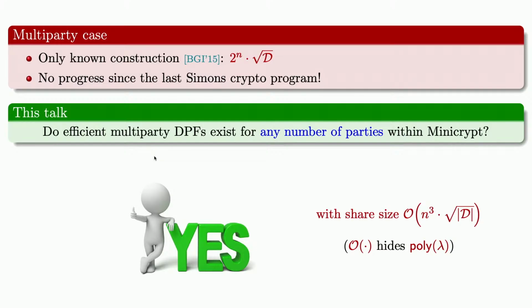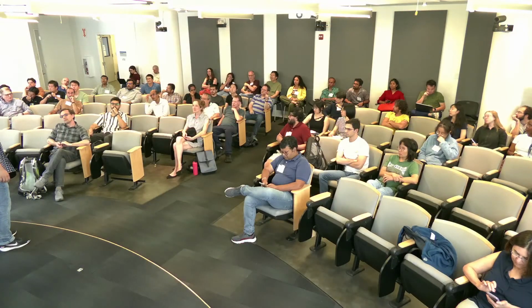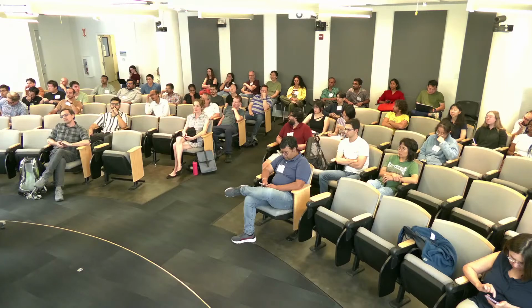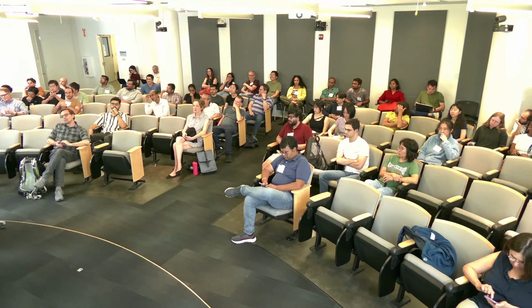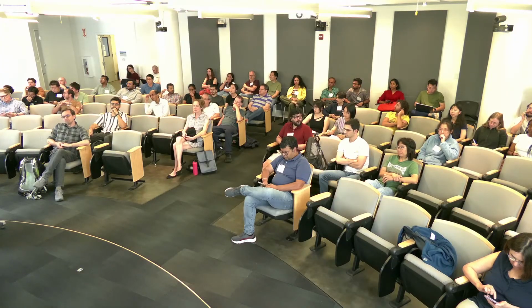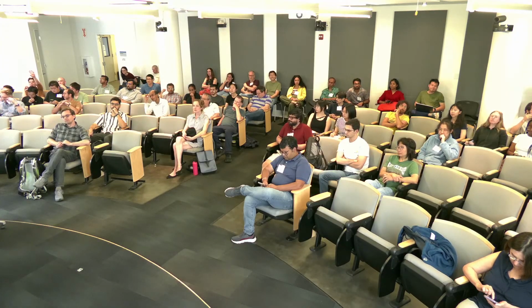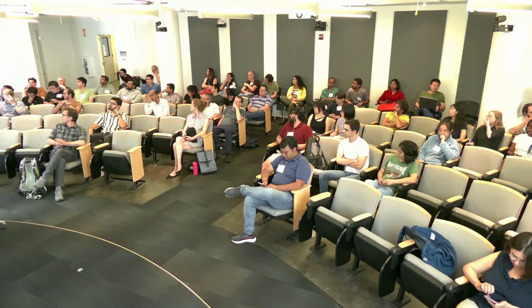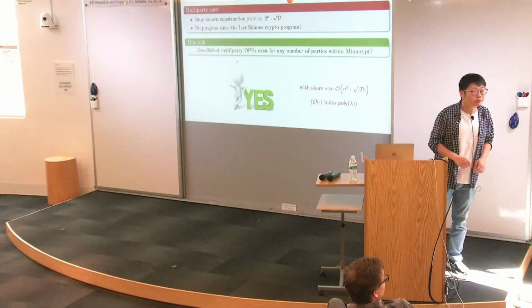Is it possible to compute the concrete break-even point, where it becomes better than the existing construction? Yes, we haven't done the calculation yet. Okay, any question at this point? Do you take minicrypt to mean just one-way functions? Just one-way functions, black-box use of one-way functions.